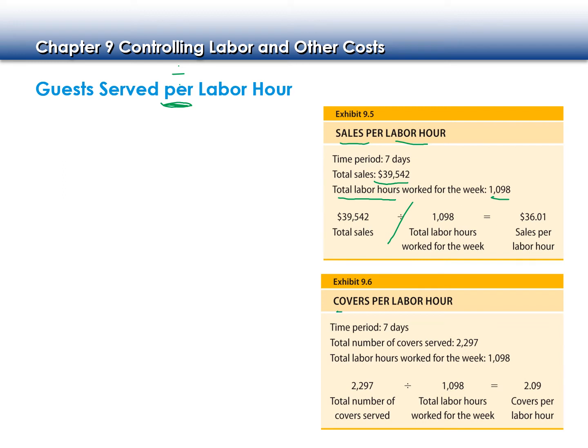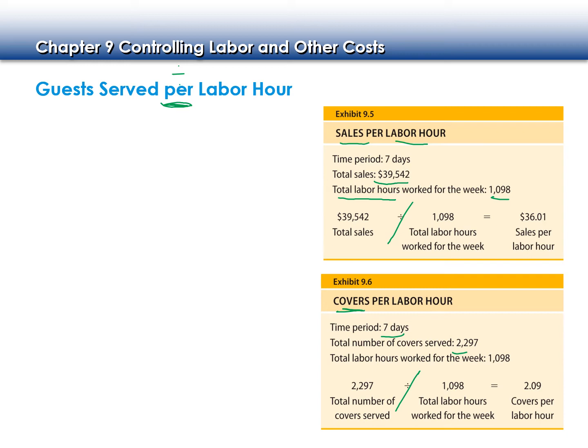A cover is a guest, so covers per labor hour. In that 7-day period, we had 2,297 guests, and we had the same 1,098 labor hours. So the number of covers divided by the labor hours for the week was 2.09 covers, which basically means that for every labor hour, we covered two guests.